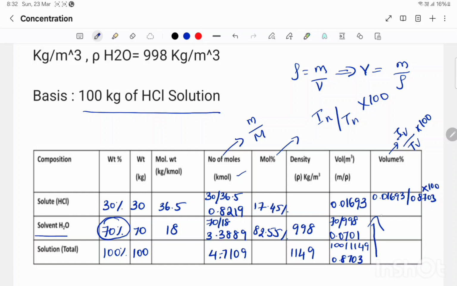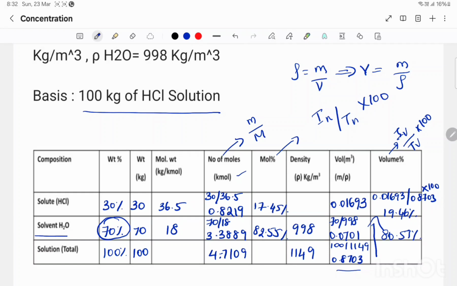That will give you 19.46 percentage. Similarly, for the second one, 0.0701 divided by 0.8703 into 100 will give you 80.57 percentage. So now with this table, from the weight percentage, we have calculated what is mole percentage and volume percentage.